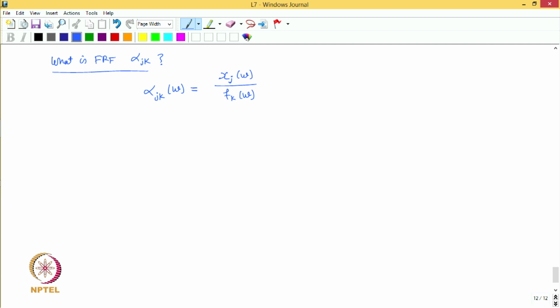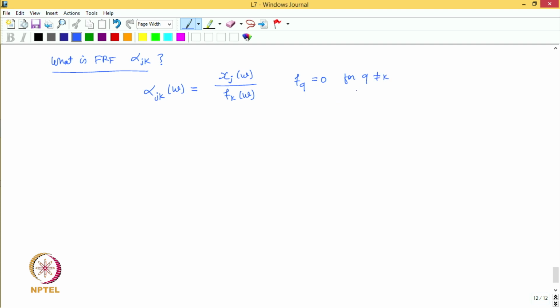So, it is the ratio of the steady state amplitude at the jth degree of freedom to the harmonic force amplitude at the kth degree of freedom, the force applied at the kth degree of freedom, and the force at any other degrees of freedom, right. The force at any other degree of freedom should be 0, for q not equal to k.